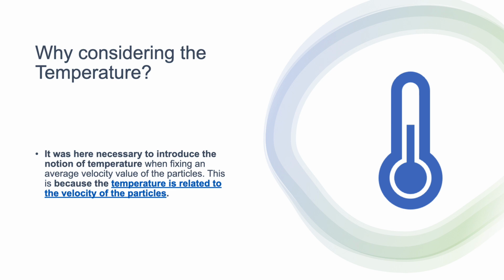Now let's talk briefly about the temperature. Why did we introduce the temperature? It's because there is a link between the notion of temperature and the average velocity of the particles. This is because temperature is highly related to the velocity of particles. You can basically, at the microscopic level, imagine that temperature represents the vibration of those atoms.